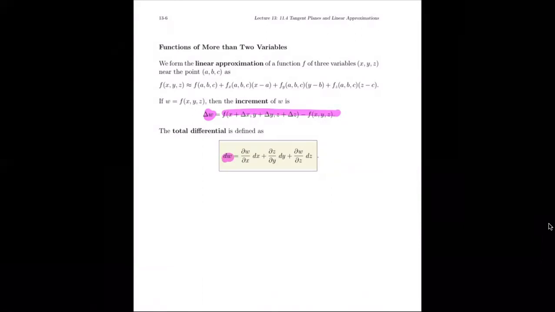The differential dw is very similar to the total differential dz, only now z being an independent variable, it's thrown onto the list on the right, and dw is now the dependent variable in this situation.